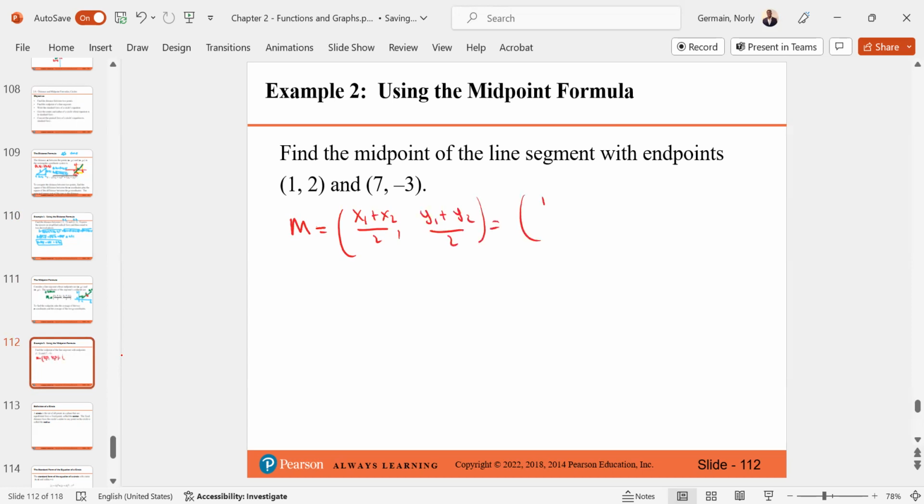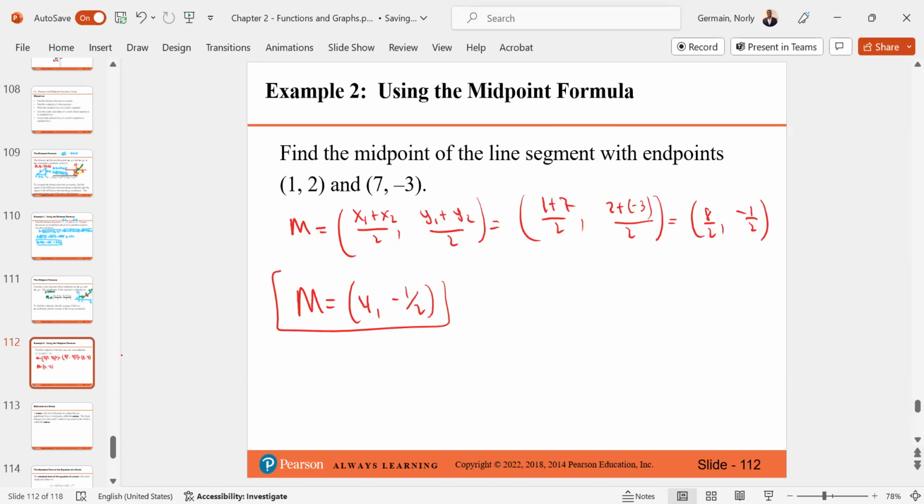So what is x1? 1 plus 7 over 2. 2 plus negative 3 over 2. So that gives you 8 over 2 and negative 1 over 2. So we can still simplify. So the midpoint for us would be 4, negative 1/2.